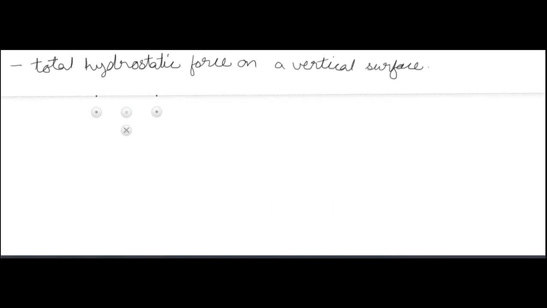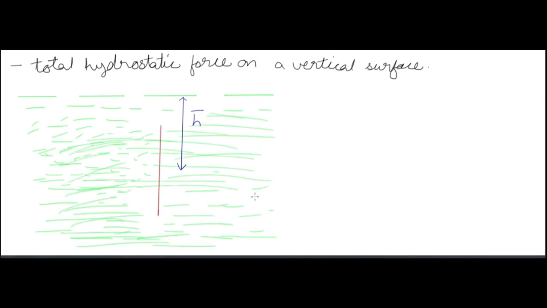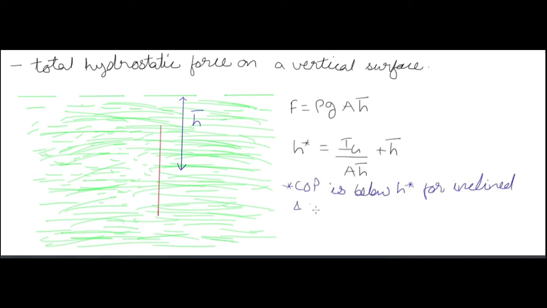Now total hydrostatic force on a vertical surface. So this is the distance of the centroid. This is the fluid, the red one is the vertical surface. Once again, I have not shown h bar here, but you must know that h star is much deeper than h bar.